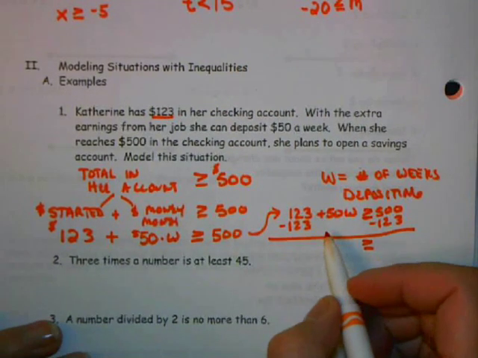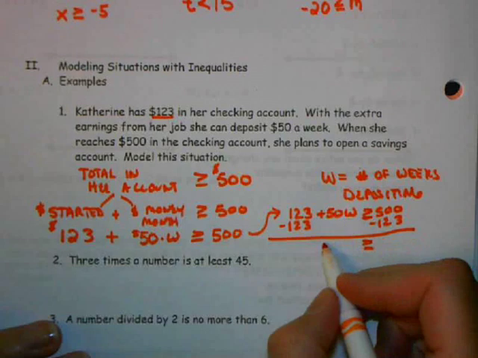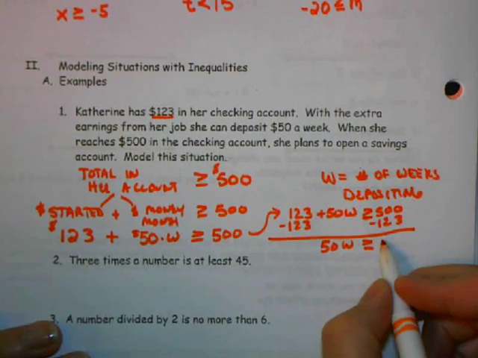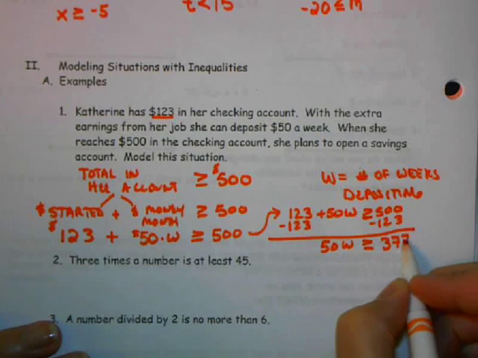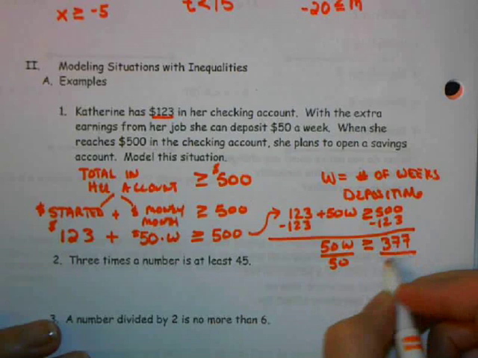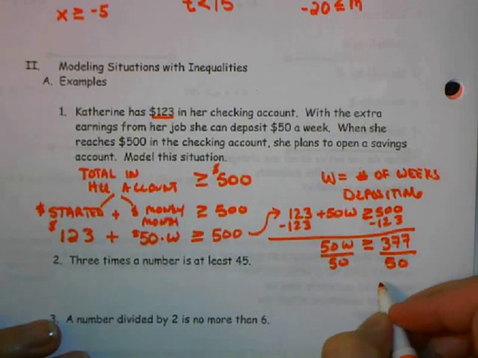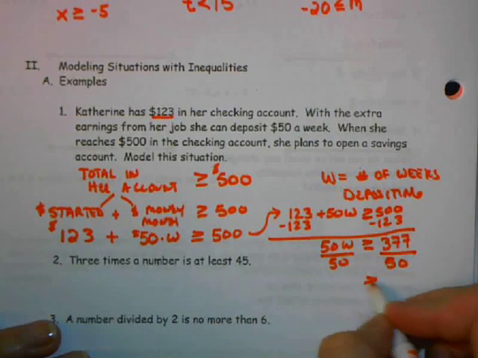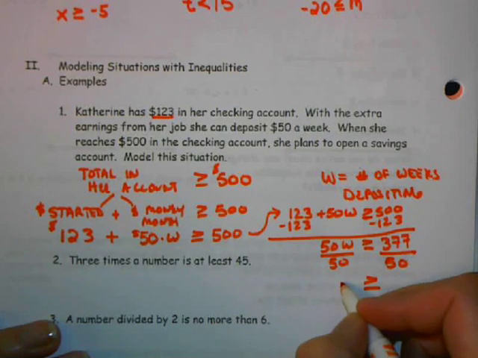So on the left-hand side of this inequality, all I have left is the positive 50W. And 500 minus 123 is 377. And then I divide both sides by 50. And I have not multiplied or divided by a negative number, so my inequality sign doesn't flip around, it stays in the same direction.